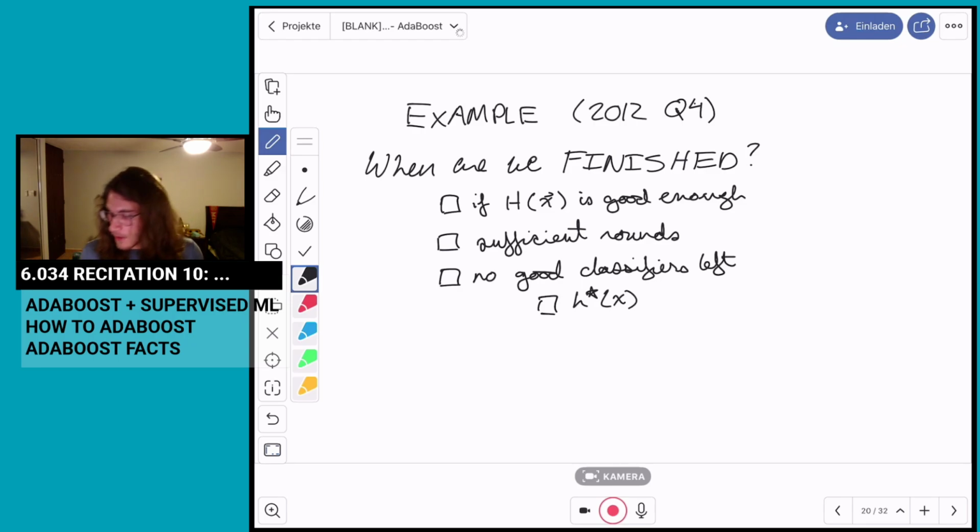And suddenly you see that h star of x, whatever best classifier was picked that round, has an error rate of 1/2, which means your best classifier at that point is completely useless, because if you give it a positive voting power, at best it'll only classify half the points correctly, and the negative voting power is going to do the same thing, as we talked about in the beginning of the recitation. So half of the points correct and half incorrect is completely useless for our purposes in terms of binary classification. So if your best classifier is useless, then you're done as well.